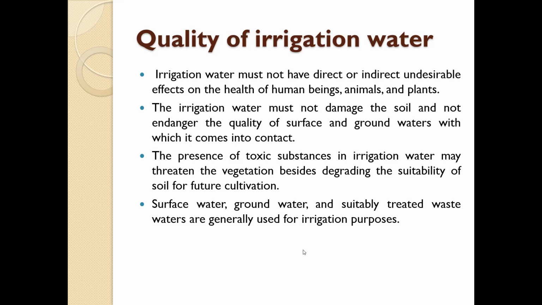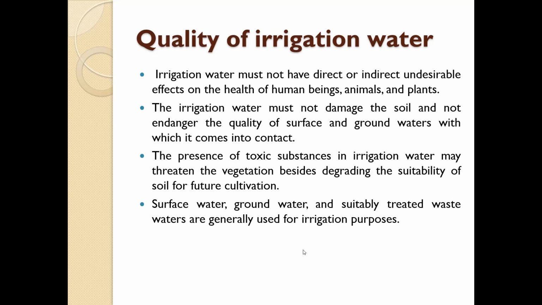So if there is something in the water which is a toxic substance, there will be a problem with the vegetation which is present on that land and even for future cultivation. Surface water, groundwater, and suitably treated wastewater are generally used for irrigation purposes.